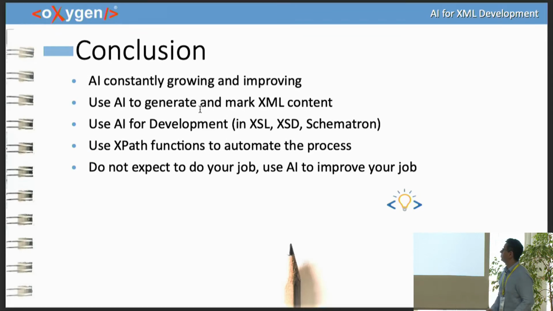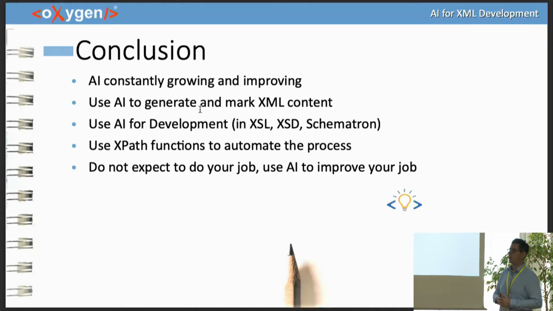So as a conclusion, AI is constantly growing, and it's improving more and more, and there are a lot of companies that are developing new models. It can be used for generating and for transforming XML documents and XML content, and it understands XML documents very well. You can use it for XSLT and XSD, also Schematron.